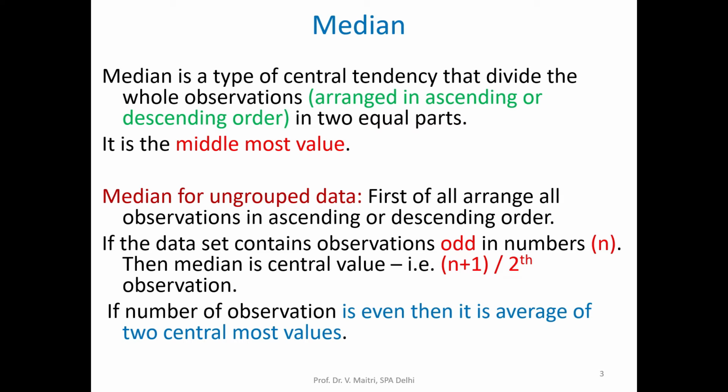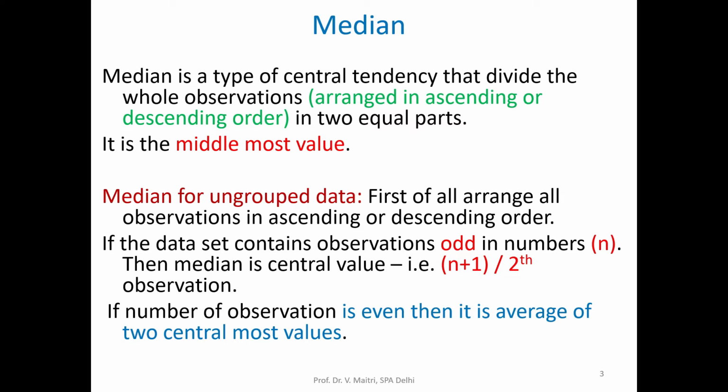For applying that, first of all we have to arrange the data in ascending or descending order. Once the data is arranged, median is nothing but the middlemost value which we have to take up.